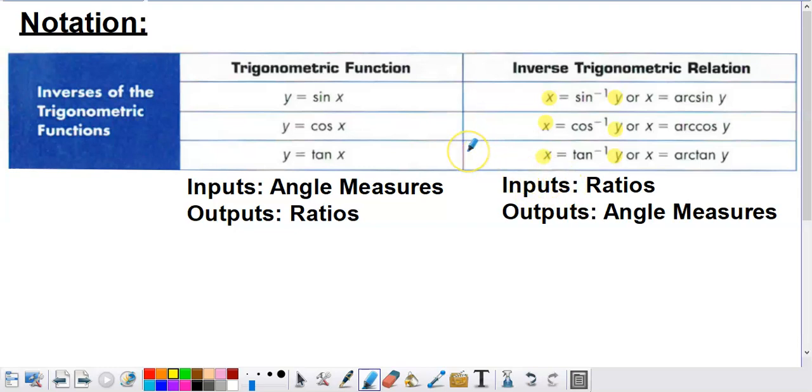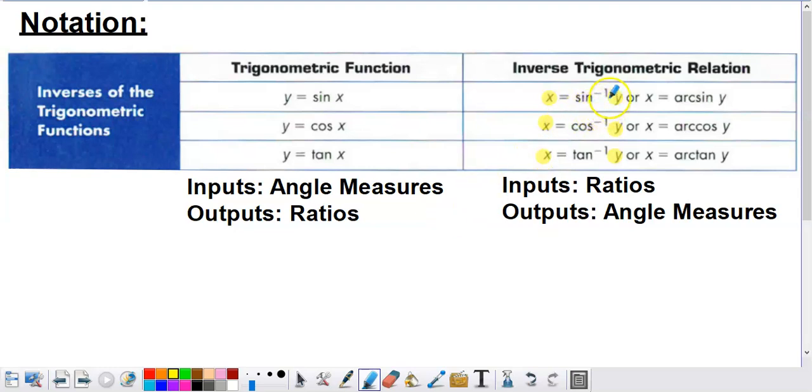You heard me say a little bit earlier within this video that this -1 is not an exponent. It looks like where we would normally look to see an exponent on a trig function. Let me say this a little bit more clearly.